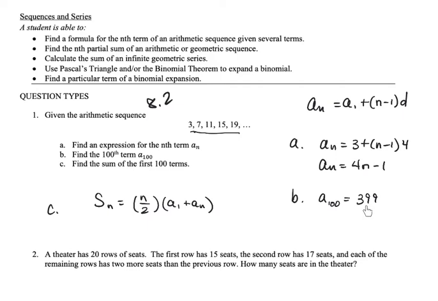Well, we answered that in part B. So it would be 100 over 2 times 3 plus 399. So that's 50 times 402, which is 20,100.